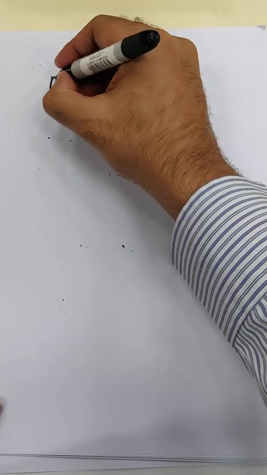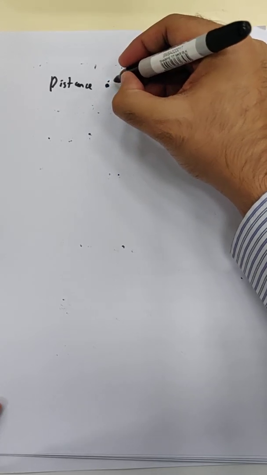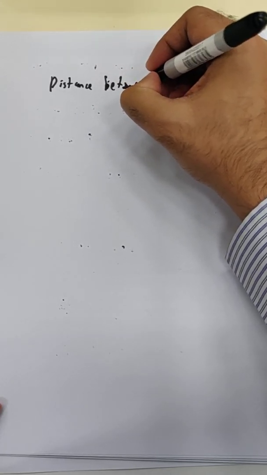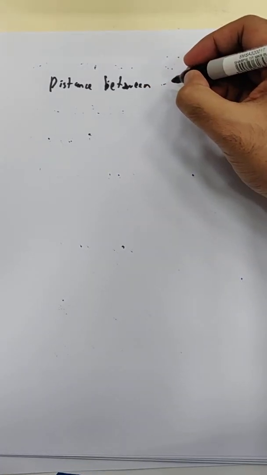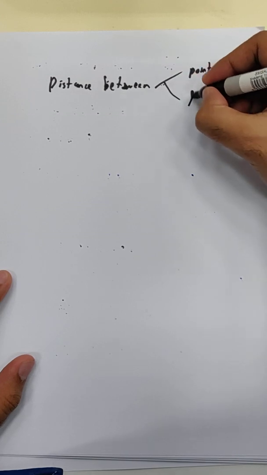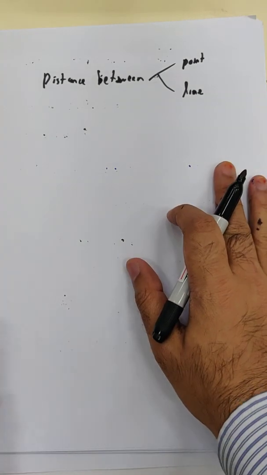Okay, now let's try this one, distance between a point and line. What do you mean by this? It's basically something like this.